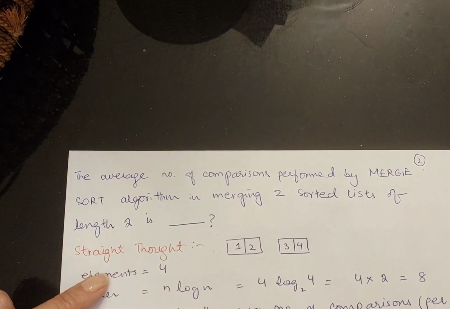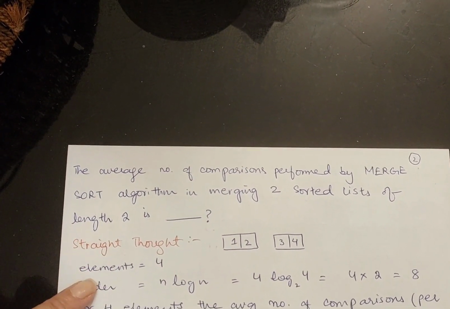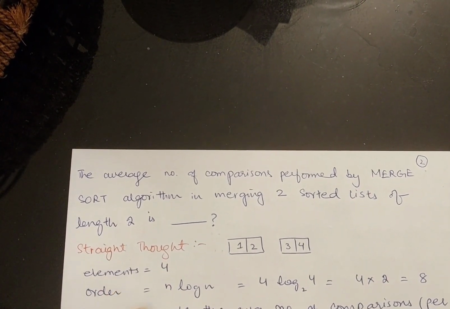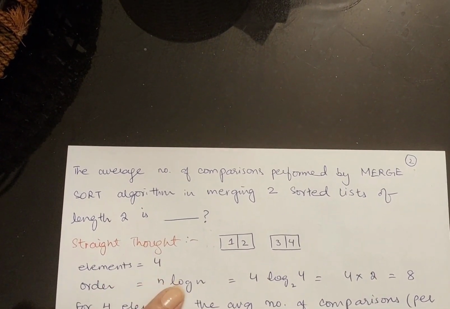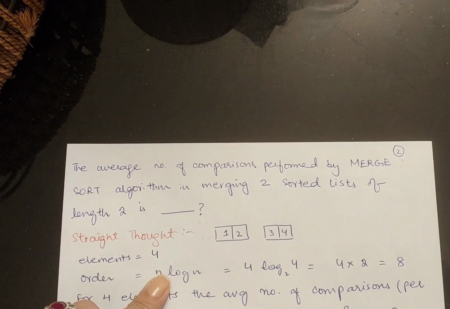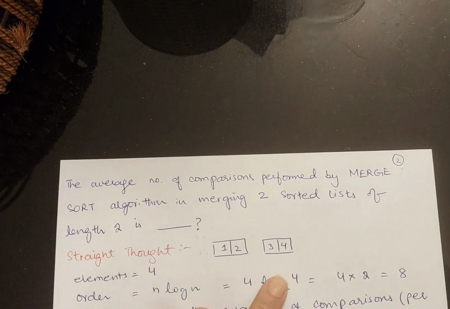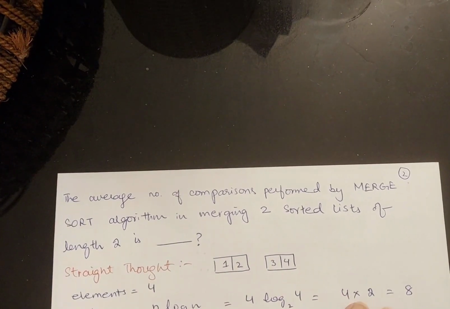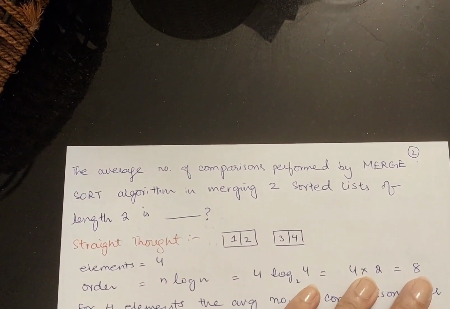First of all, there are four elements, and I know that in merge sort the complexity is n log n. So n is equal to 4, and log to the base 2 of 4 is 2, so 2 multiplied by 4 will become 8.